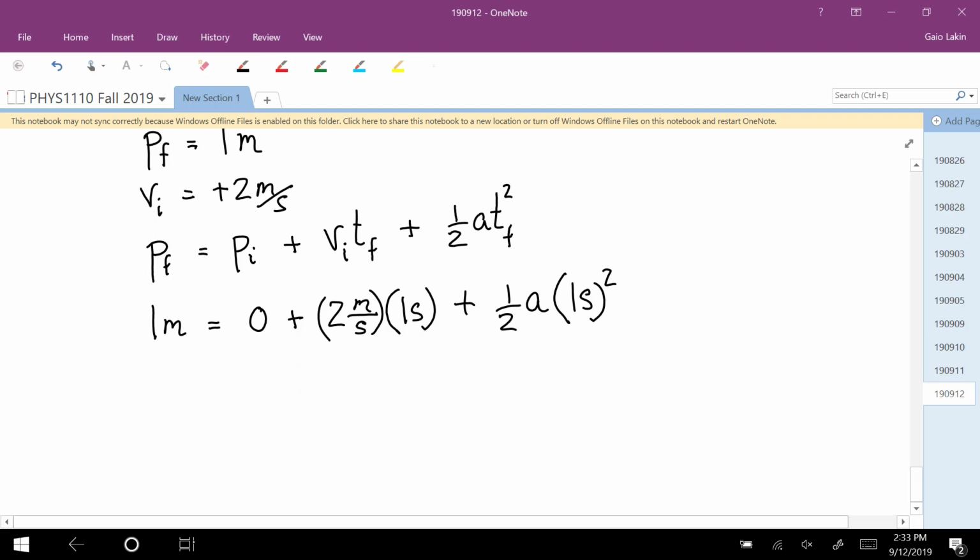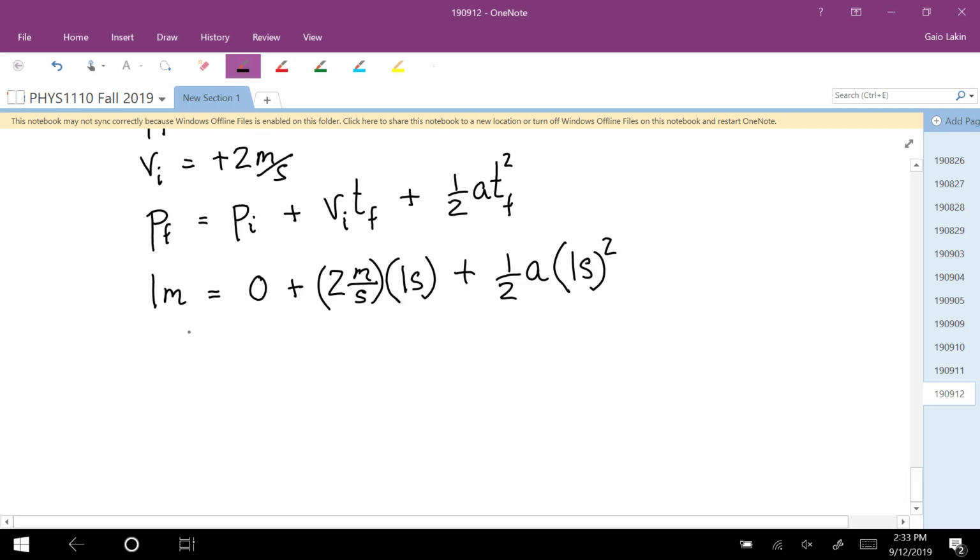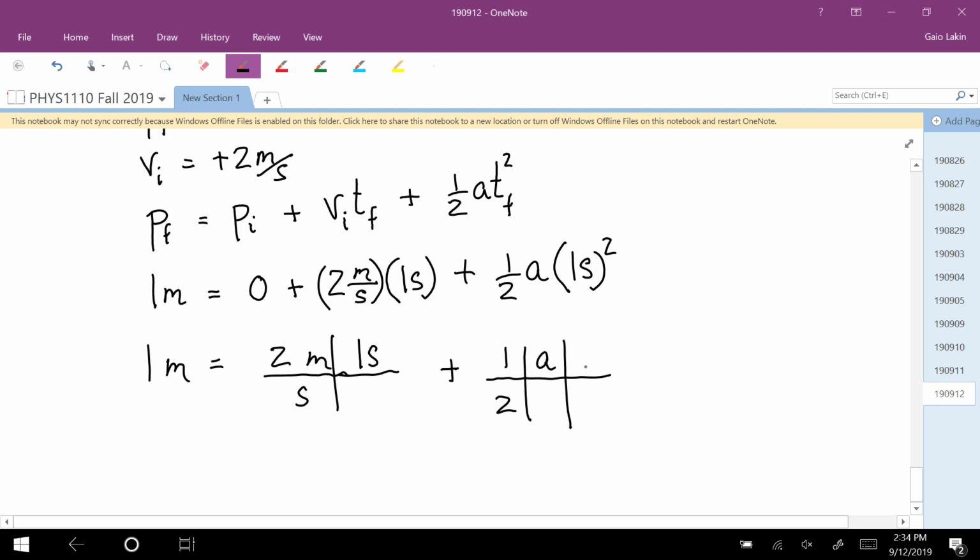All right, so I'm going to multiply these things out and see how the units come out. So here we have 1 meter. We can forget about that 0. That just goes away. But to multiply these two, you can think of that as 2 meters per second multiplied by 1 second. And for this one, you can think of it as 1 over 2 times A. 1 second squared is times 1 second times 1 second.